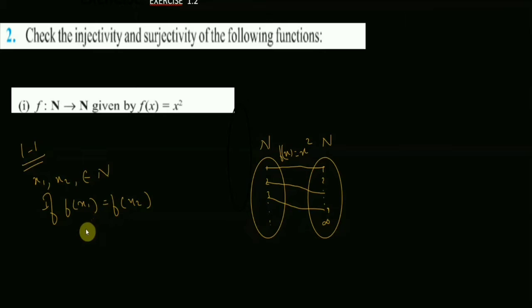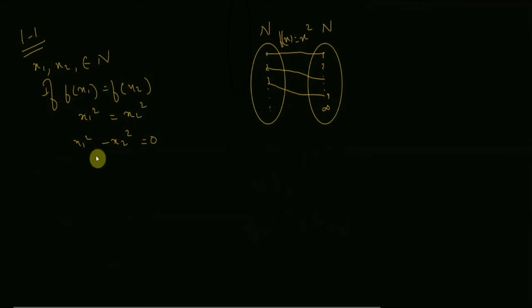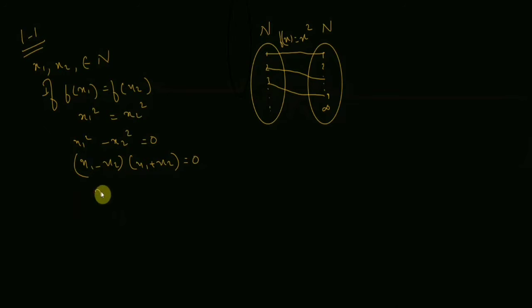So f(x1) is x1², which equals x2². So x1² − x2² = 0. Therefore (x1 − x2)(x1 + x2) = 0. So x1 = x2 or x1 = −x2.